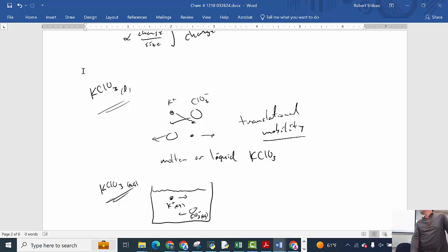So the aqueous ions here have good mobility, and we have a lot of them. And therefore, it should be a good conductor of electricity. Well, this should be cool by now.